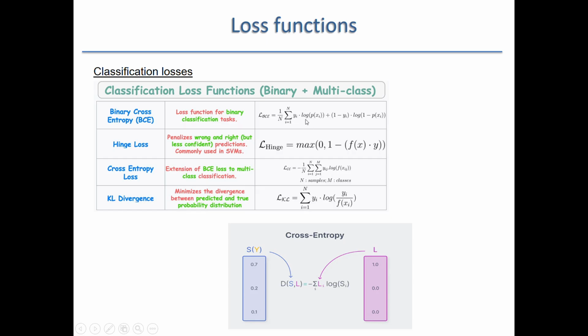Let's say that you have to predict a 1, and you do predict a 1. So this is 1, this is 1, and the logarithm of 1 is 0. So 0 times 1 is 0, so there is no loss on this side. You have 1 minus yi, but yi is 1, so this part doesn't count.